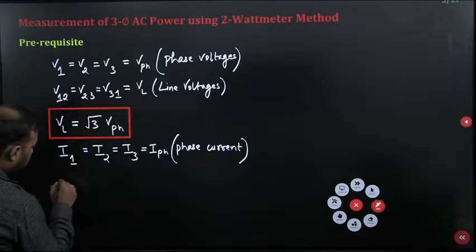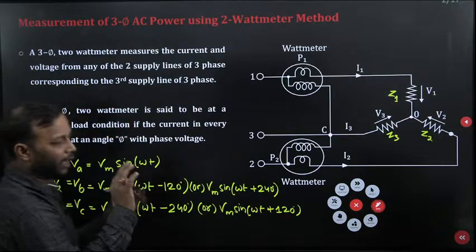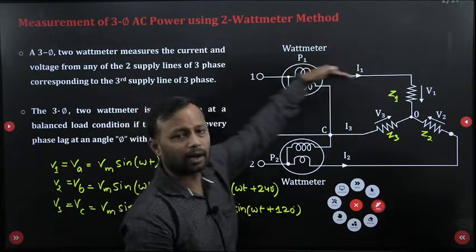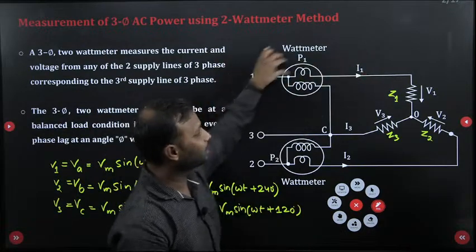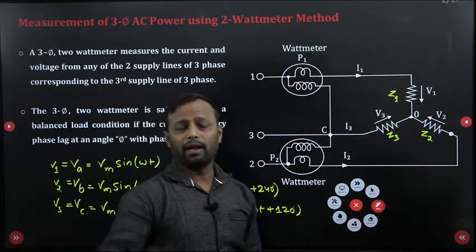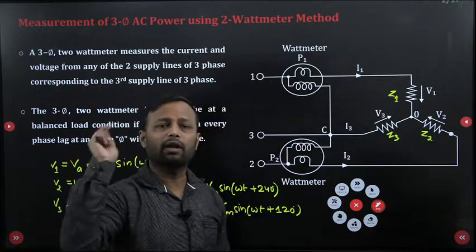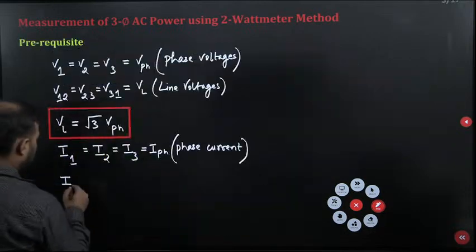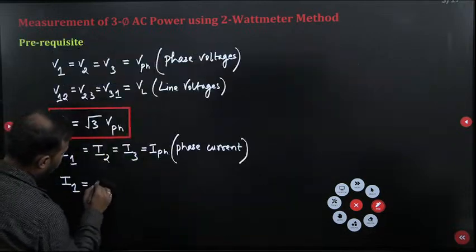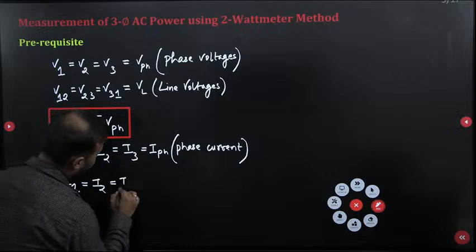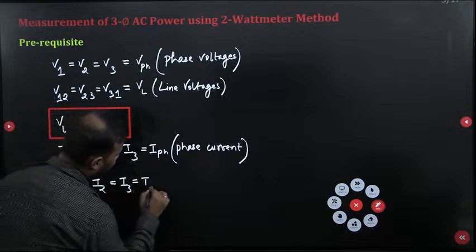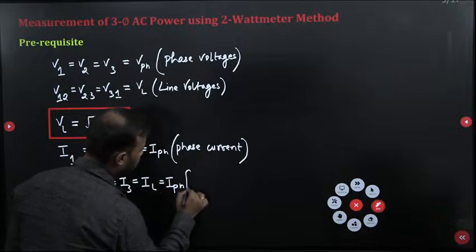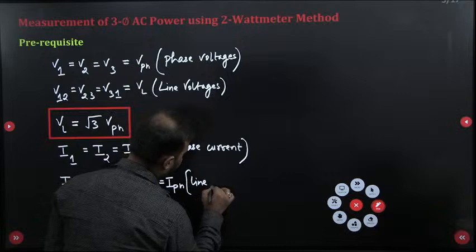Now let me take the line current. If you see carefully, the current coming from the line is the same current. That is why in the star connection there is no difference between the line and phase current. So I1, I2, I3 is IL, which is equal to IPH. So this is the line current.